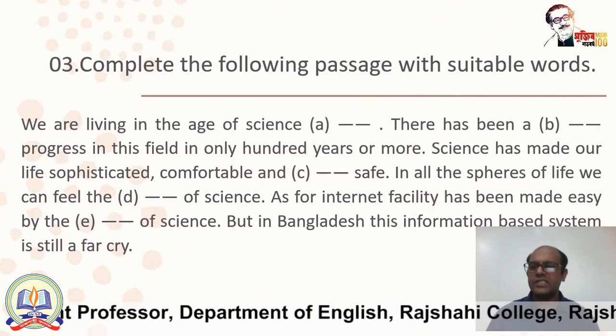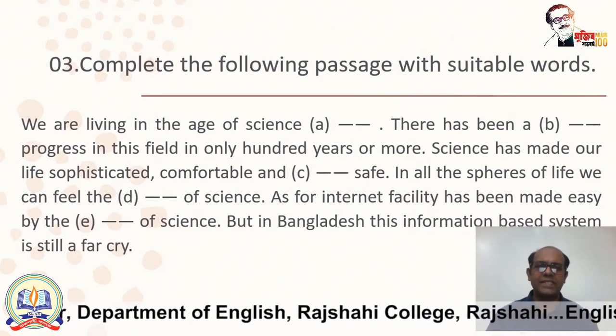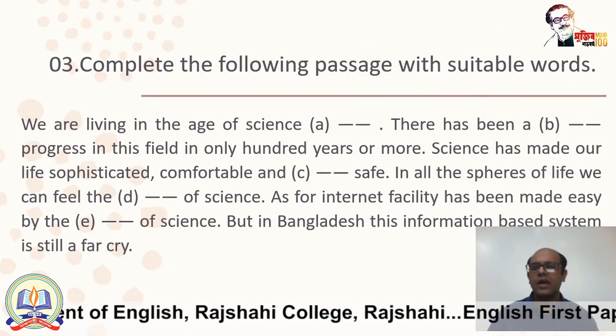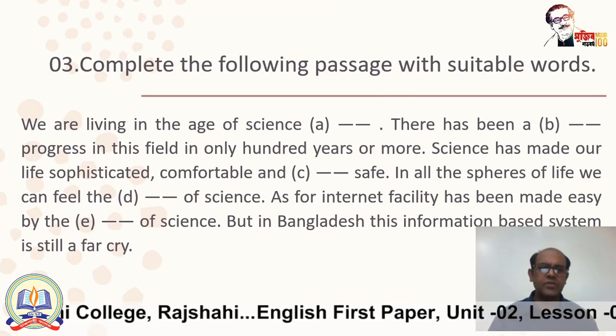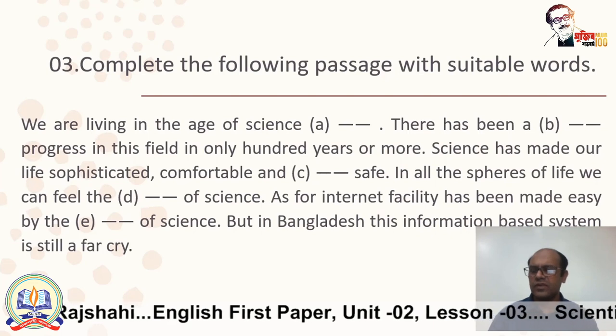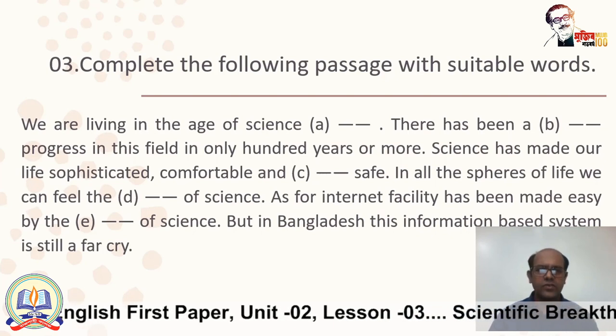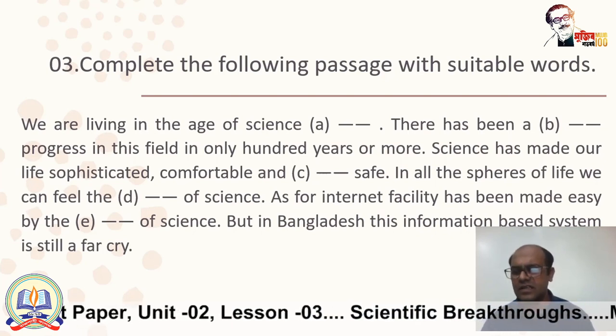Here is question 3. Complete the following passage with suitable words. It is also called clause test without clues. There are no clues for you. You have to fill in the blanks by yourself. Okay, let's start.